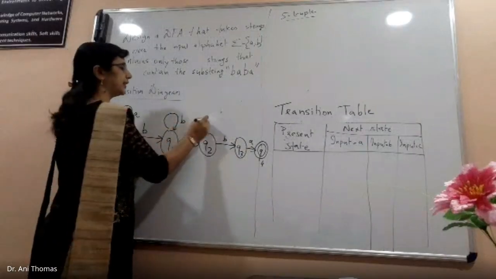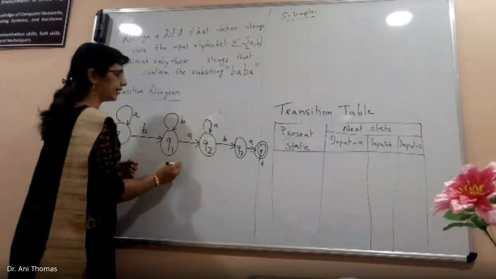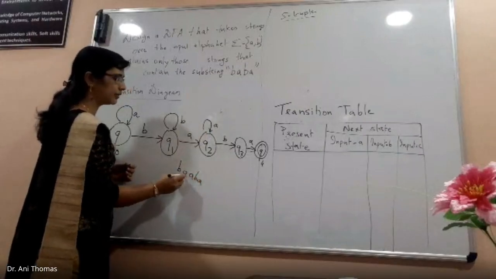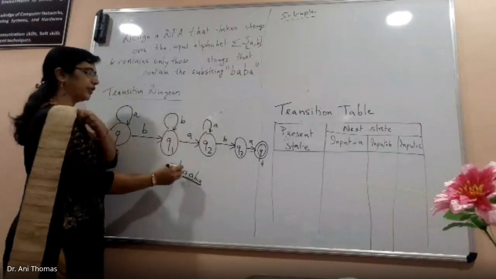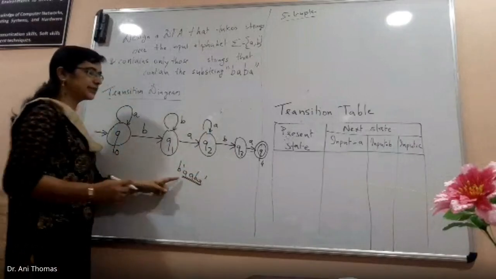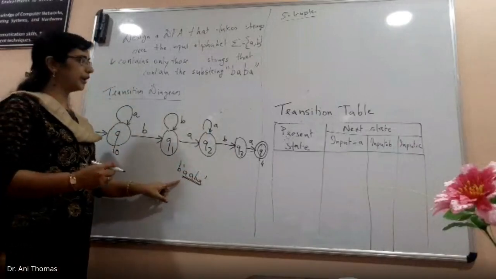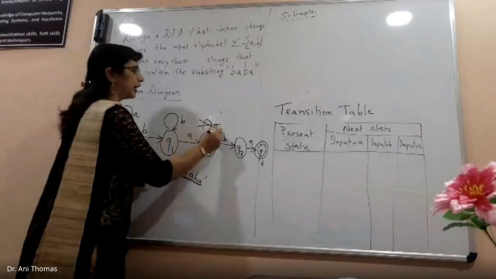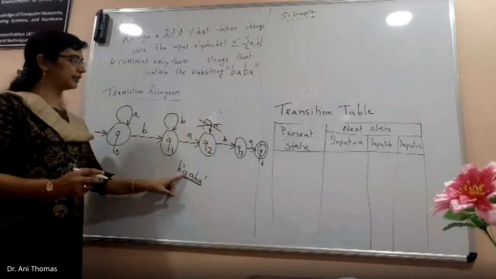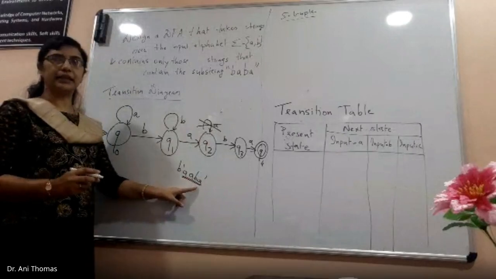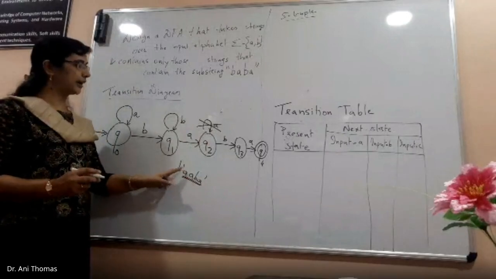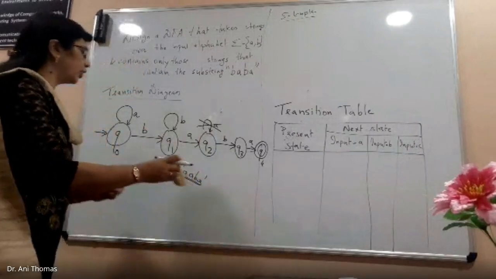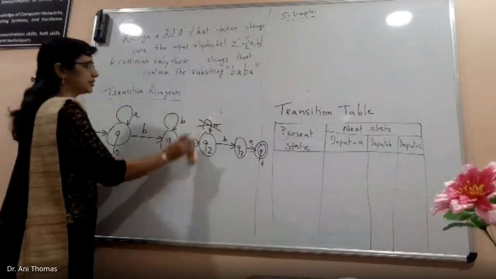It can take the sequence B, A, B, A, which will violate our sequence of BABA, and it will give the sequence AA, BA, which we do not want. So you cannot put A over here. It will create the sequence AABA, and may not have strings which contain BABA. So we cannot have this transition.